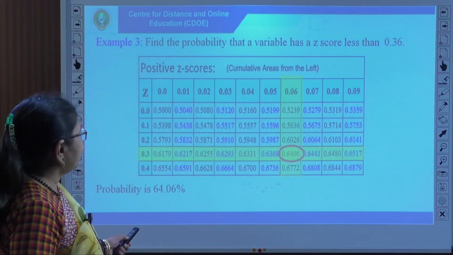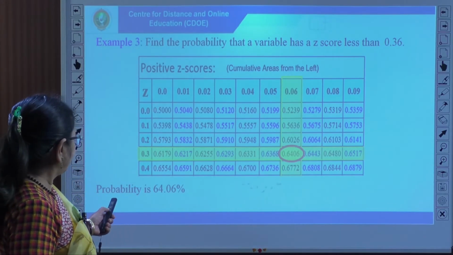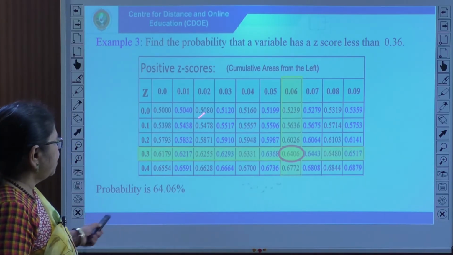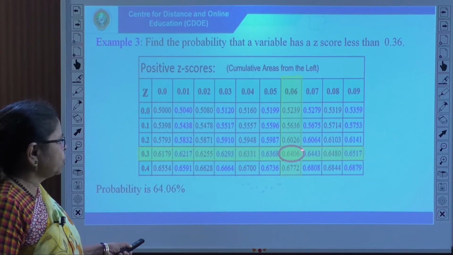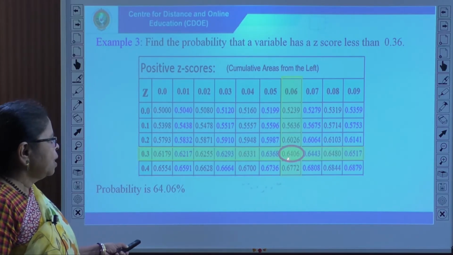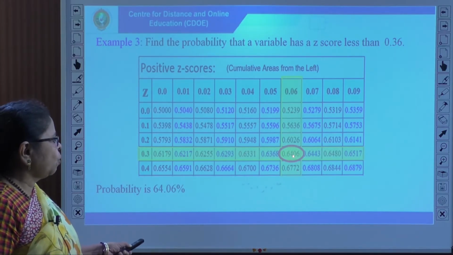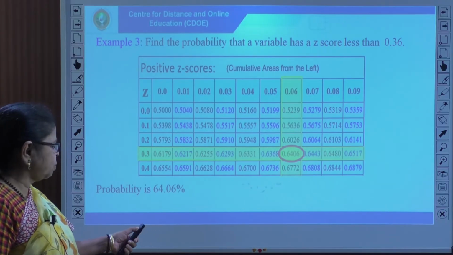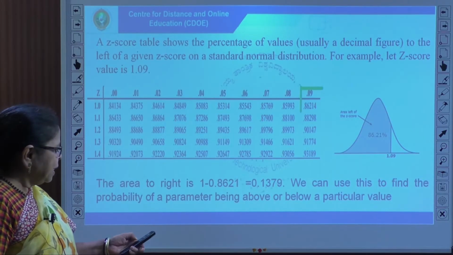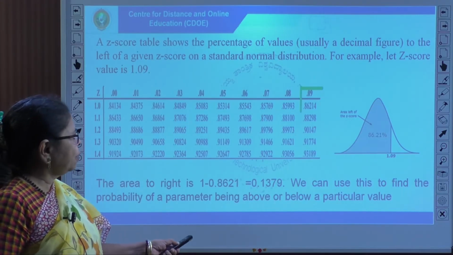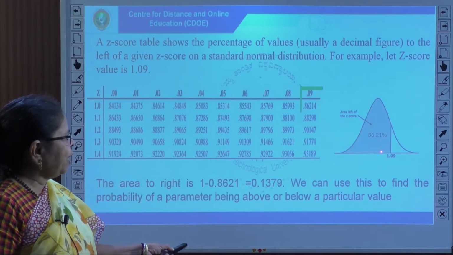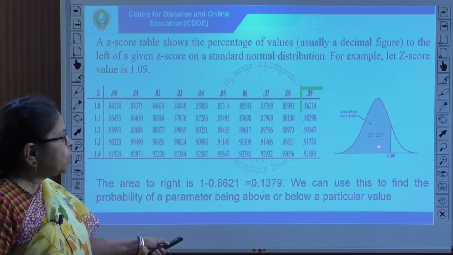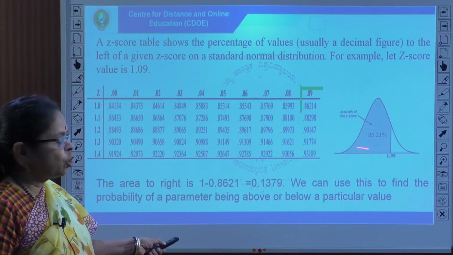Now, you go here, 0.3, set 0.3, 0.06. So, this value is 0.36, 0.6406. What does this mean? 0.6406 means 64%. So, somewhere here you will have 0.36. 64% lies to the left.